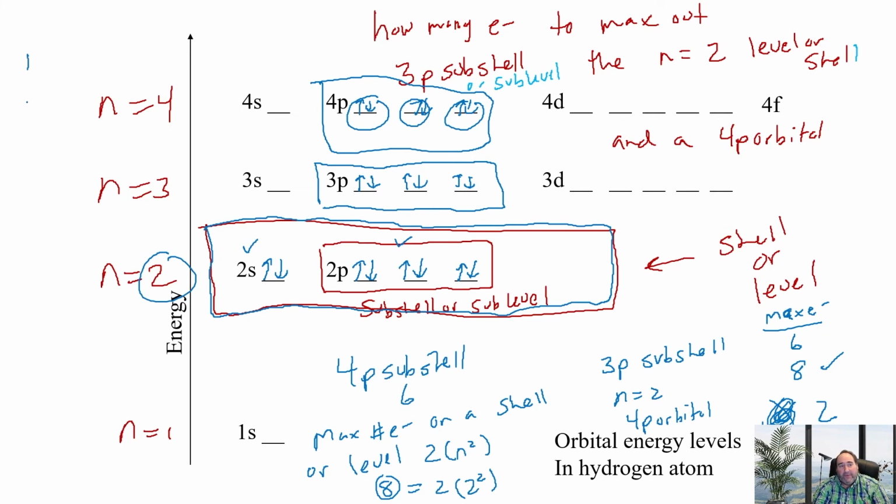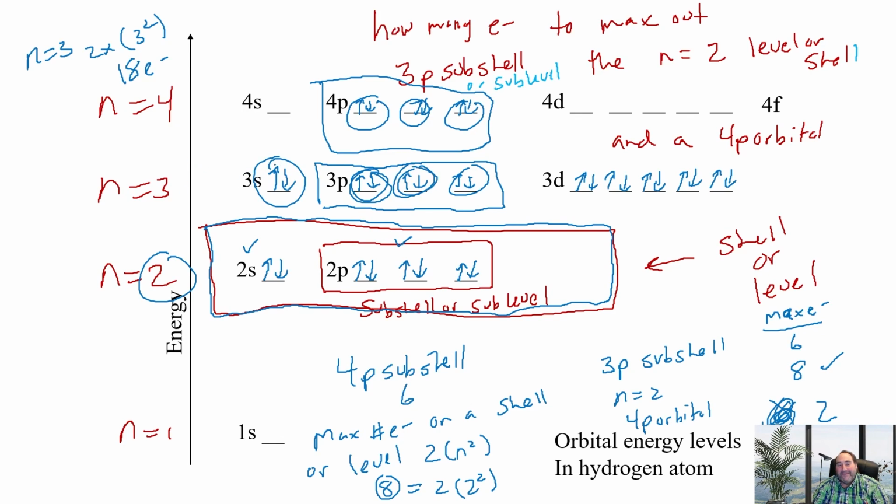Say you want to do the third energy level. 3 squared times 2. 3 squared is 9. 9 times 2 is 18 electrons. So if we went to the third energy level, that is 1, 2, 4, 6, 8, 10, 12, 13, 14, and 15. That's not how they actually go in. And I counted wrong there, so I'm going to do it again there. 2, 4, 6, 8, 10, 12, 14, 16, and 18.